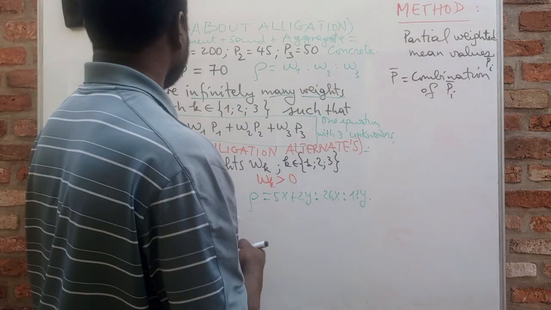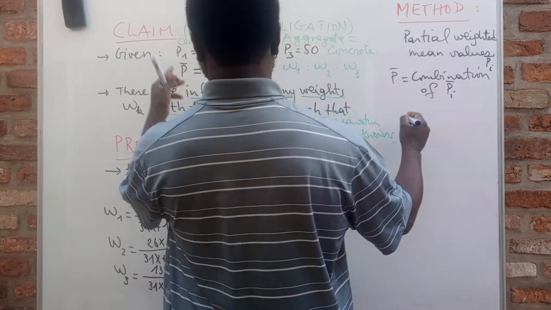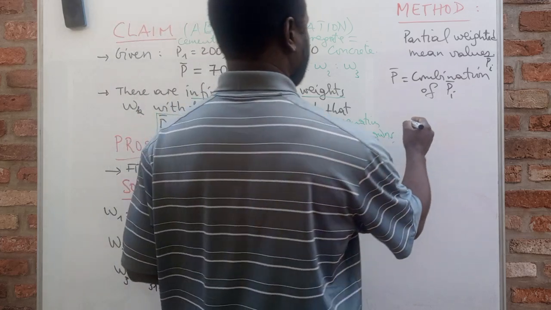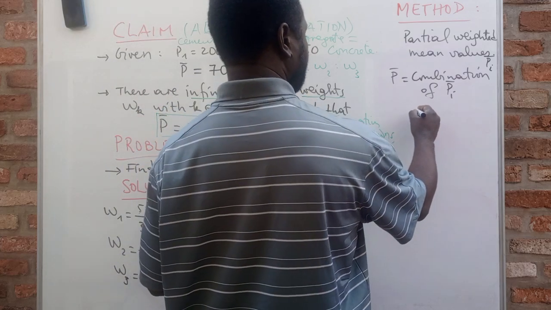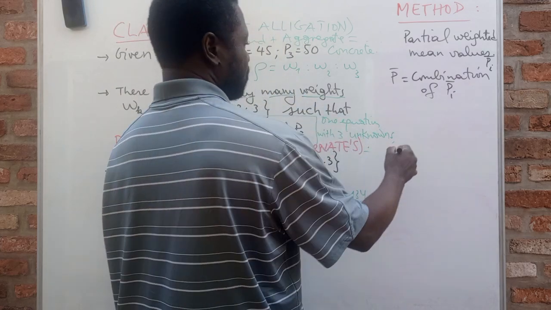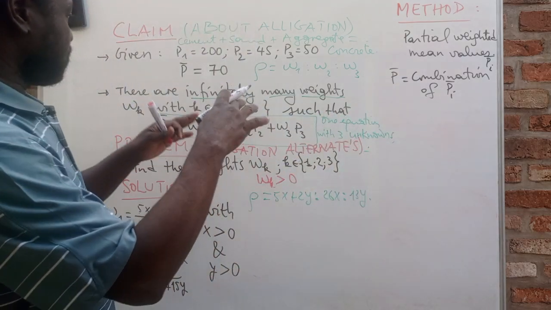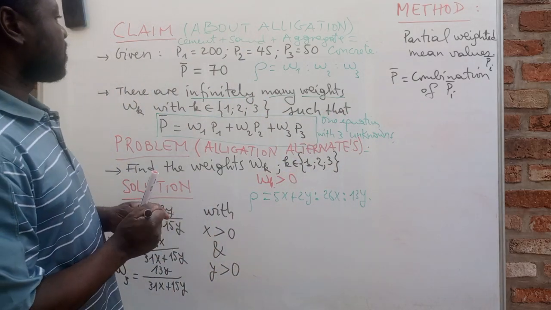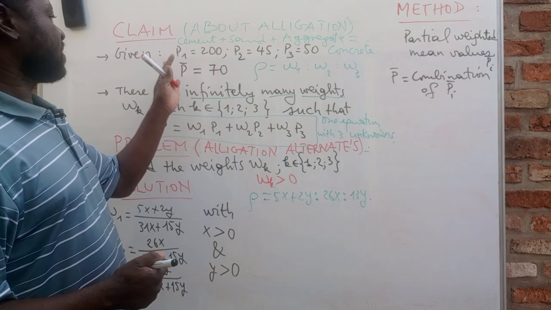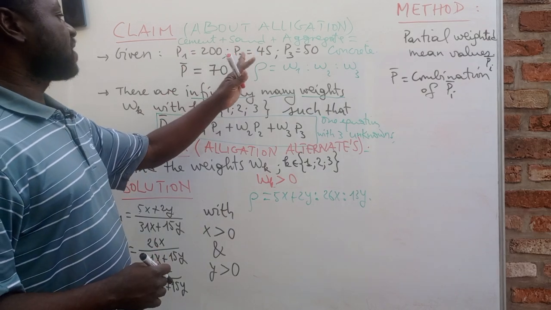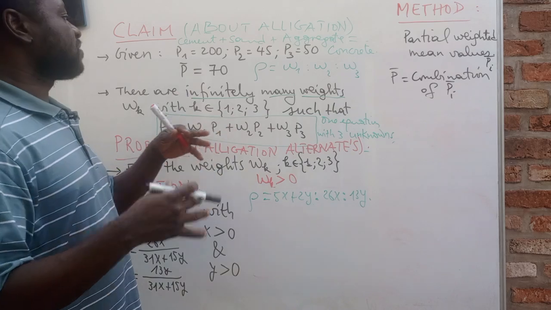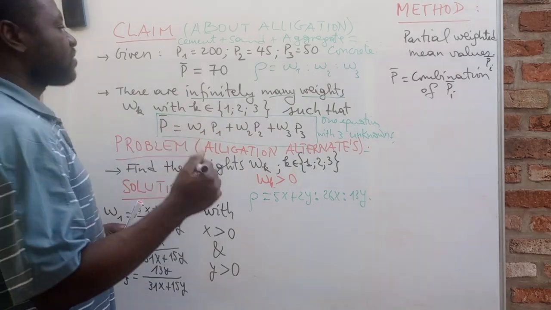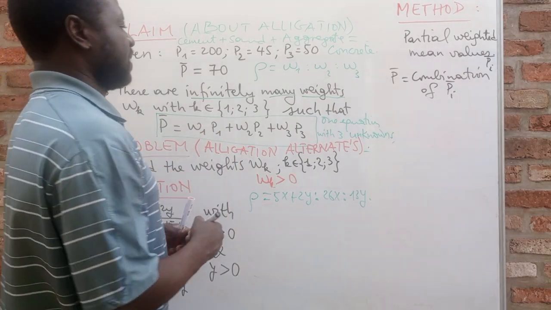We group these values p1, p2, p3 into groups. We group them such that there is a group which is greater than the mean and a group whose values are less than the mean, in order to avoid negative weights.